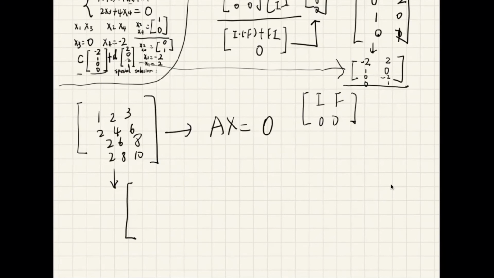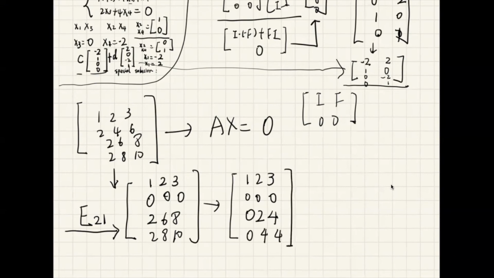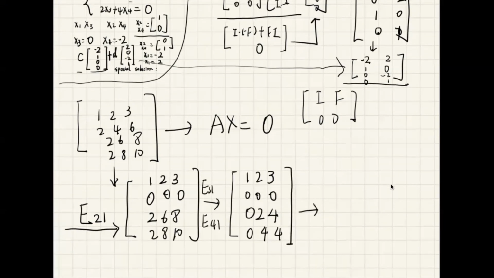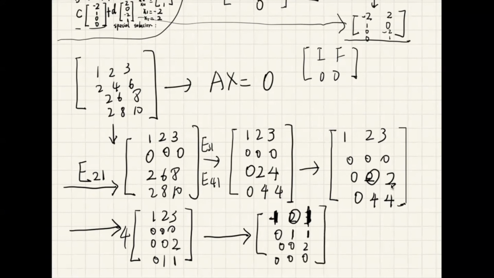So we got 1, 2, 3, 0, 0, 0, 2, 6, 8, 2, 8, 10. Something like this. All right. And then we have to make also those 0. So we just exchange the row, and also we make it something like this.